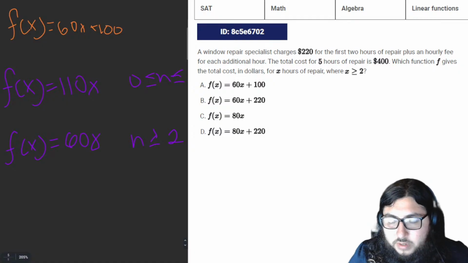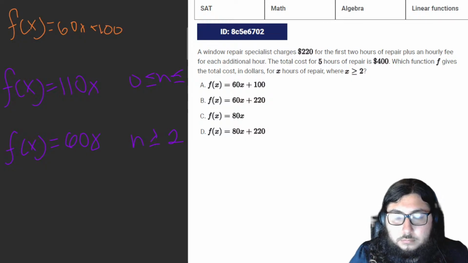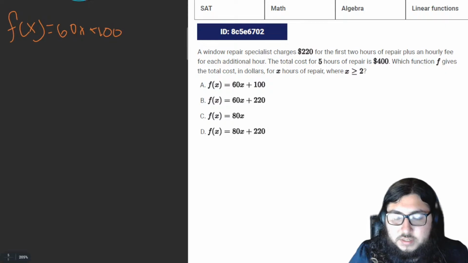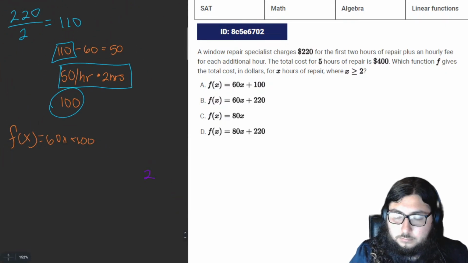So we have to somehow combine these into one function when x is greater than or equal to 2. And this is our method of doing that.